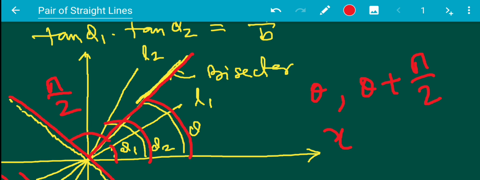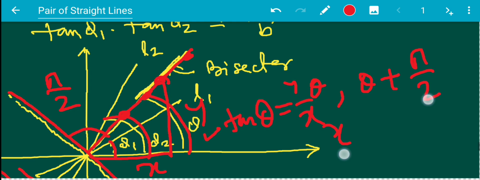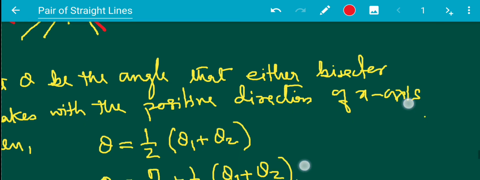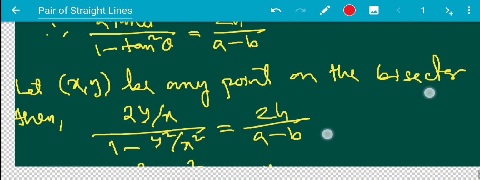Suppose here I have taken x comma y, this is your y and this is your x. Okay, then if this is the angle theta, then tan theta is equal to y by x. So for any point x comma y, I can express tan theta is equal to y by x. Okay, so in place of tan theta, I can write y by x.